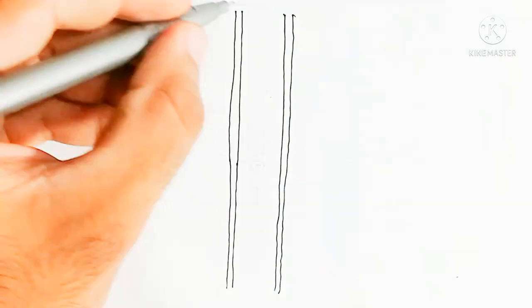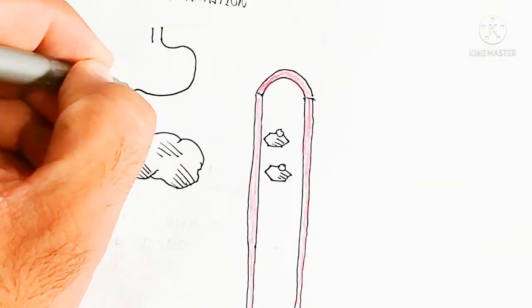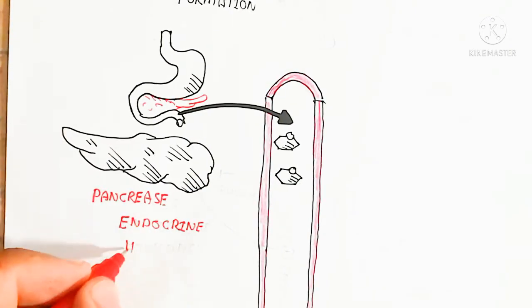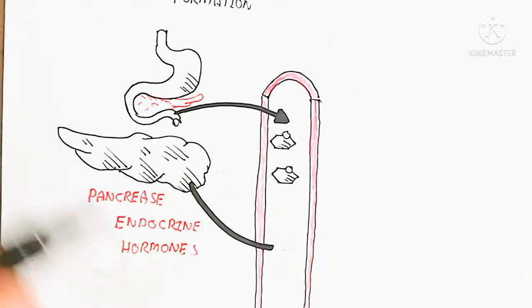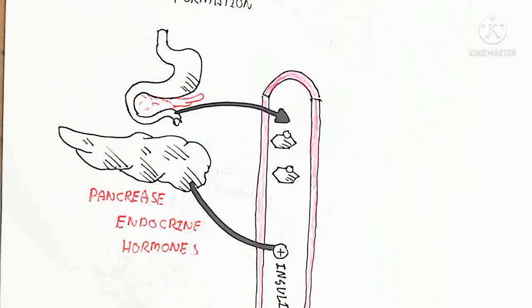So remember that. Here is the pancreas, and here is the digestive system as well as the blood vessel. When the digestive system digests complex carbohydrate into simple sugar, it is absorbed into the blood by active transport.